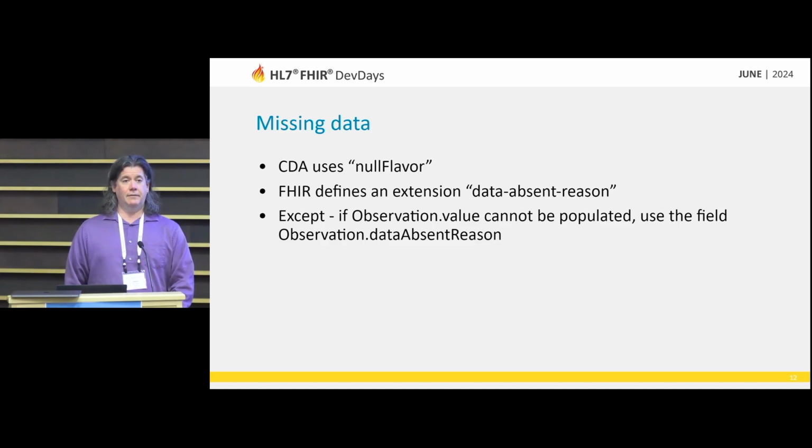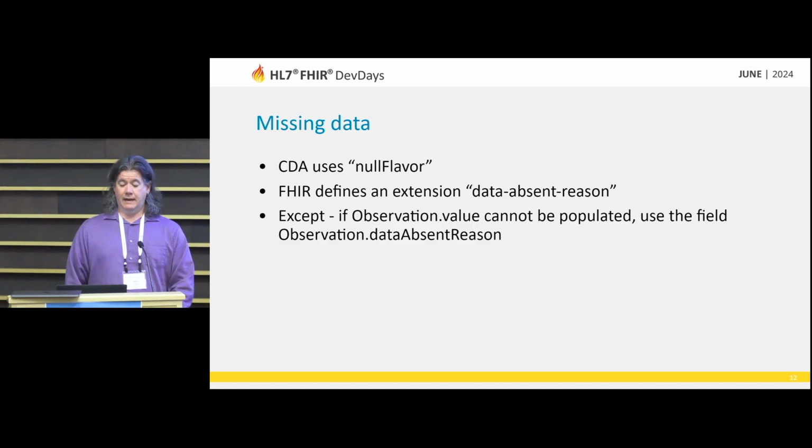In CDA, they have this concept of null flavor, which anyone who is familiar with CDA probably loves to hate. I know I do. The corresponding structure on the FHIR side is an extension called data absent reason. And we also have a concept map set up to map between the null flavored code system and the data absent reason code system.